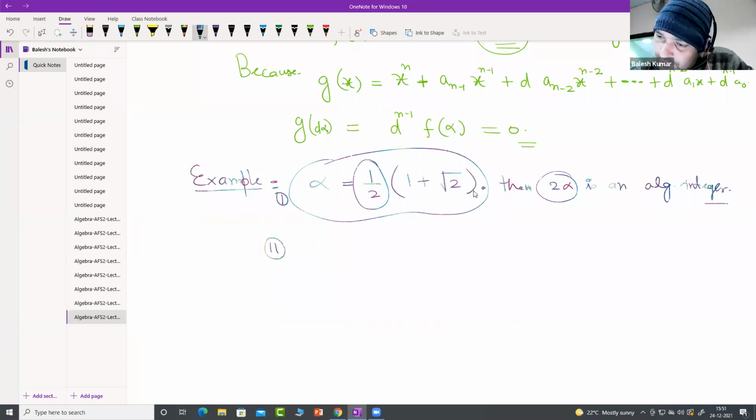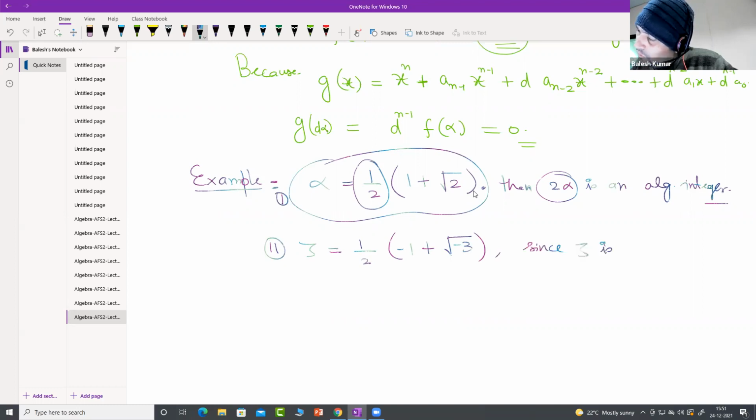Because if you take this cube root of unity, say zeta equals 1/2 times (minus 1 plus square root of minus 3), this is an algebraic integer, since zeta is a root of an integer polynomial, let's say, for example, x squared plus x plus 1, which is monic.